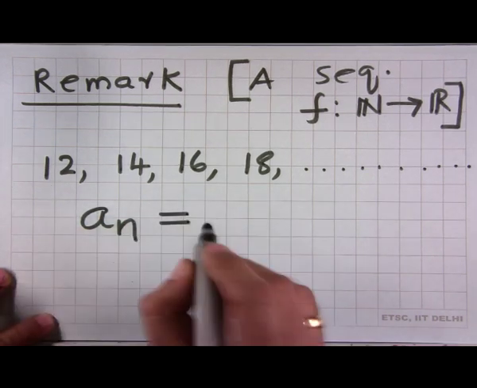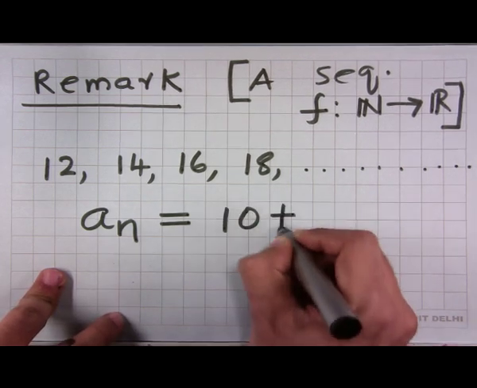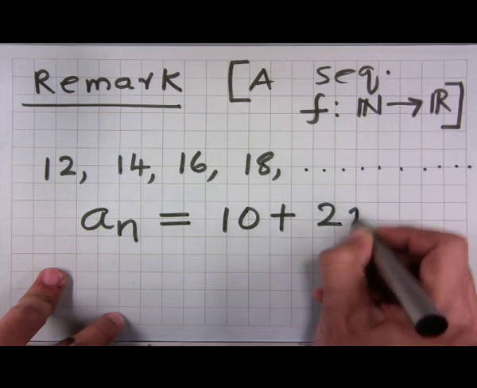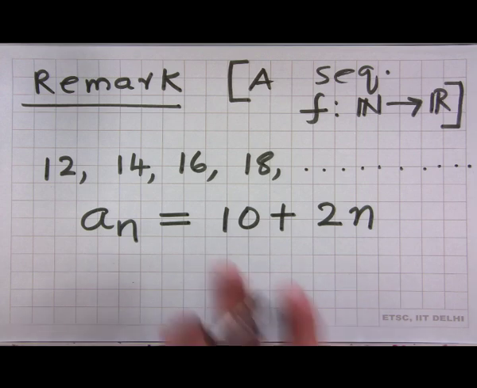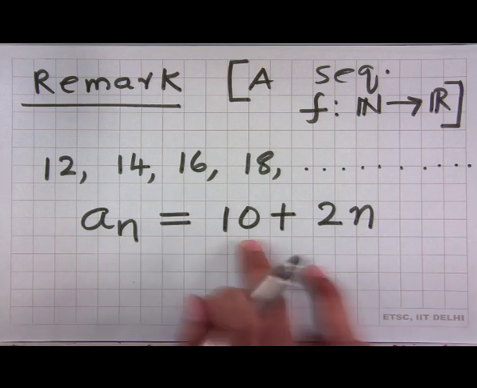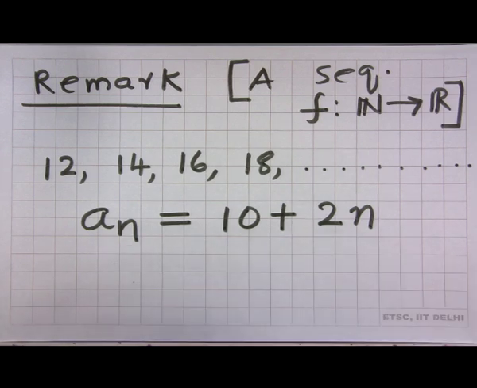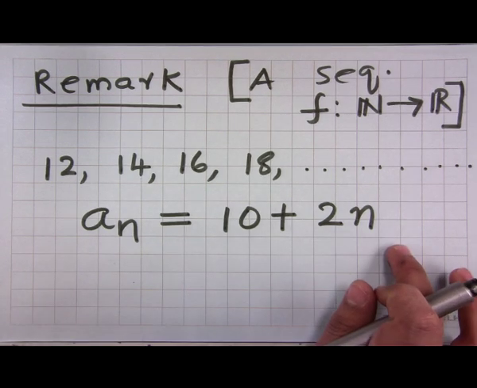If it follows this pattern, the nth term will be 10 plus 2n. Am I right? The first term is 10 plus 2, the second term is 10 plus 2 into 2, the third term is 10 plus 2 into 3, that is 16, and so on.